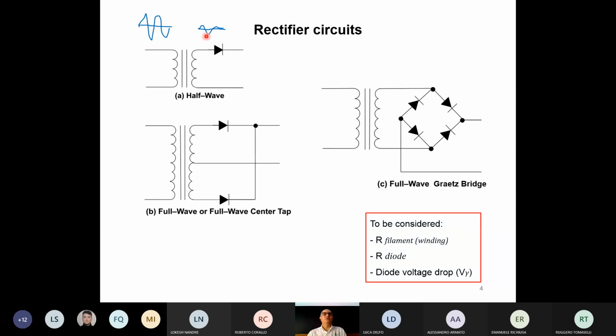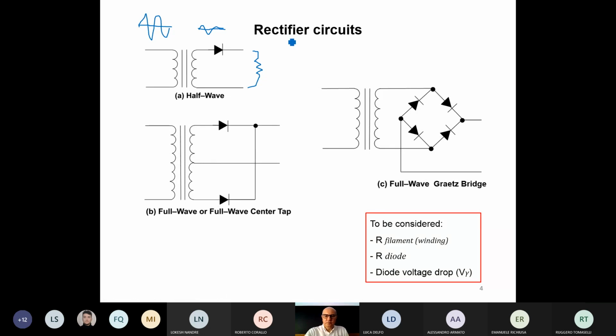Well, using diodes, basically. And here we have three possible configurations for diode rectifiers. If we have only one transformer and one diode, with this diode here, and you imagine, for instance, to have a load on the right, again, imagine you have a resistance here, something like that, okay? Place it here.